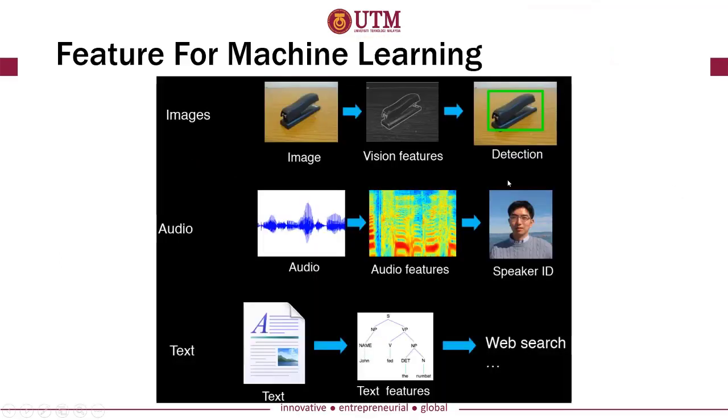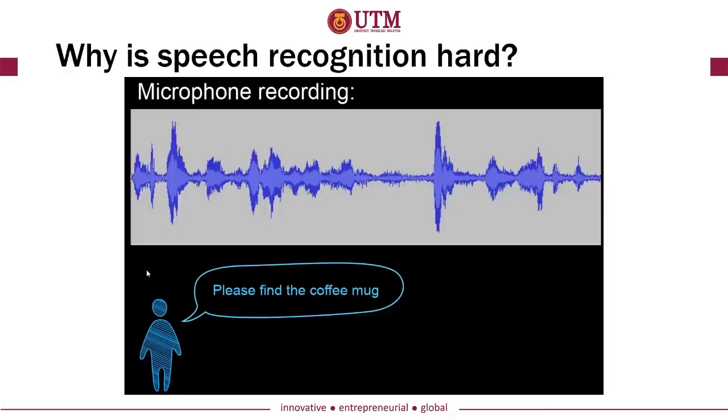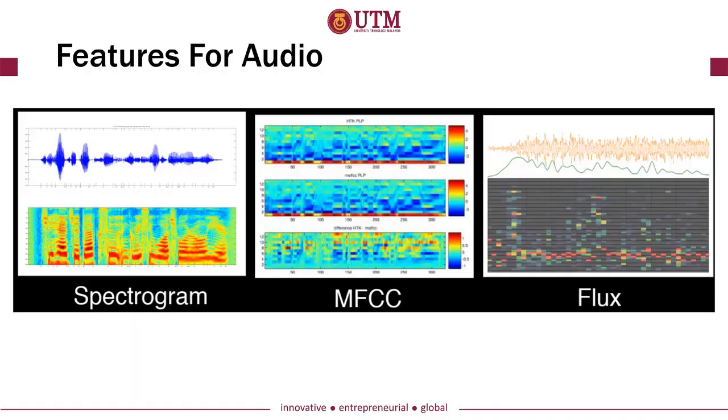Okay, the same thing happens for speech processing as well as text mining. This is an example of feature extraction in speech processing. You have a spectrogram, you have MFCC, and you have flux, and then you realize that different fields have their own different feature extraction approaches.